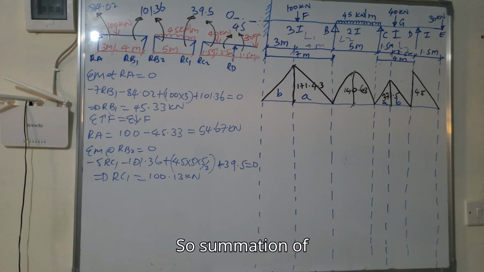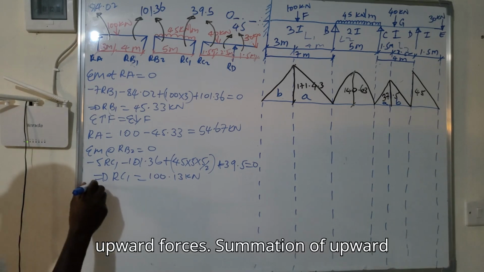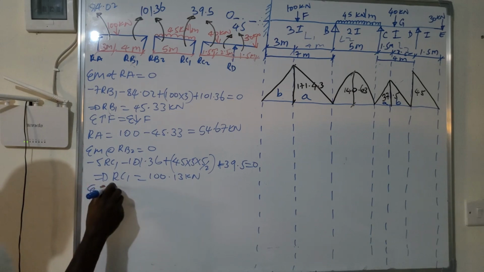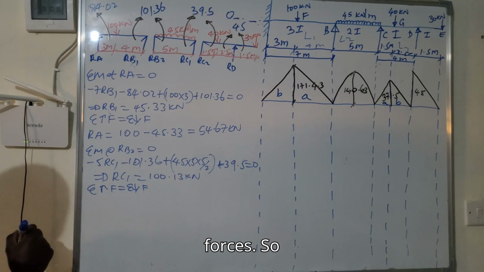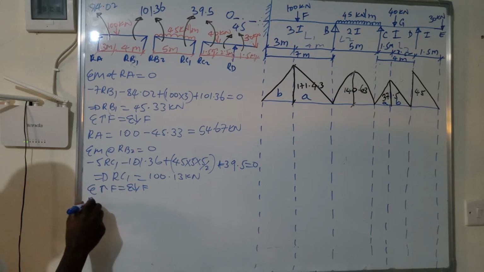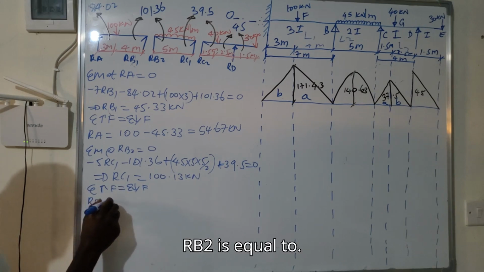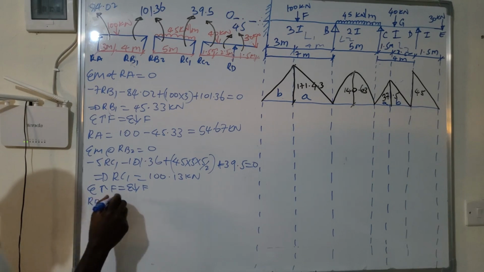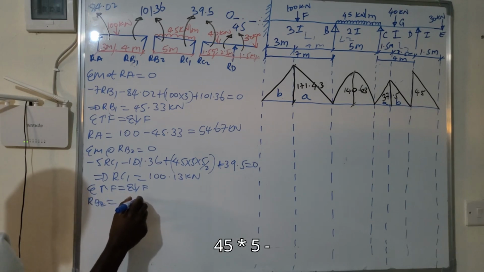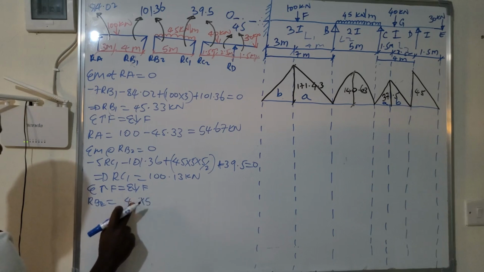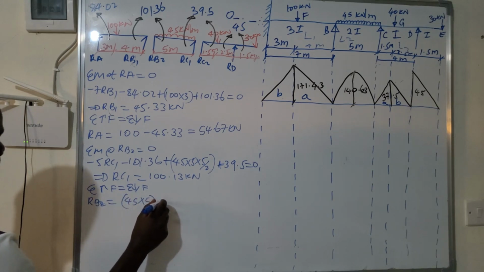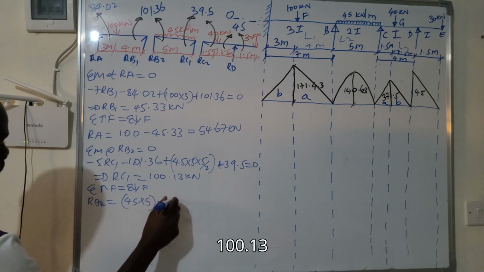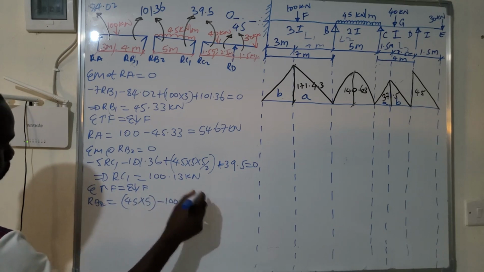So summation of upward forces is equal to summation of downward forces. So RB2 is equal to 45 times 5 minus 100.13.